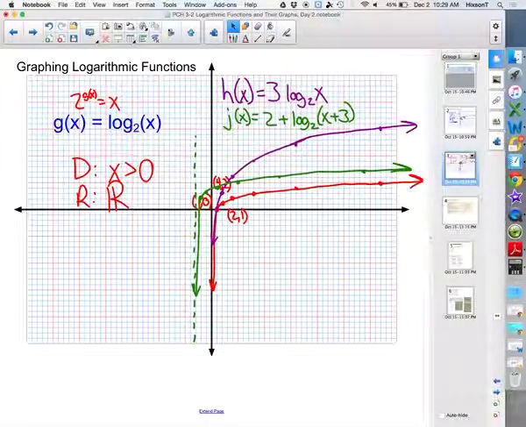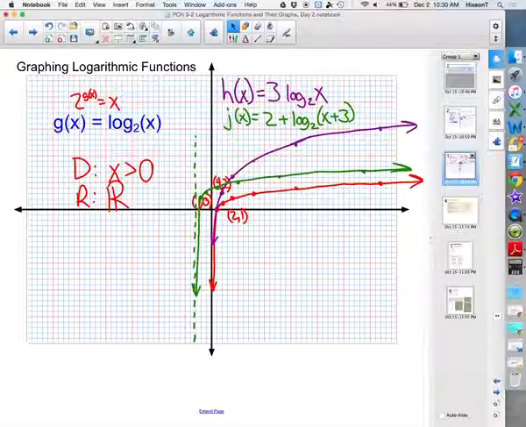So now you have another parent function. You can add this to your sheet. Remember, we had the sheet with the absolute value, the cubic, the quadratic, the radical function, the reciprocal function. Now we have the exponential function and the logarithmic function. I know there are different ones depending on the bases.